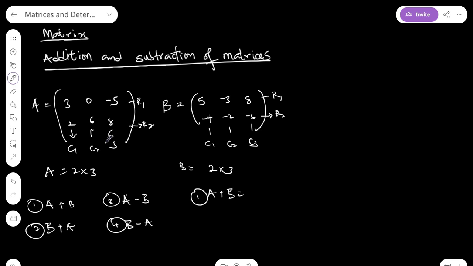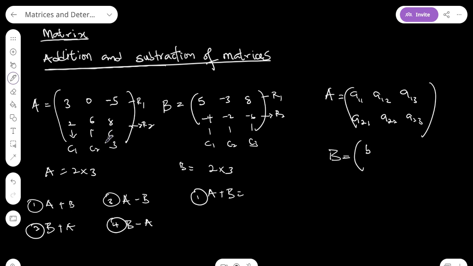Of course, A plus B will equal, now, to add the two matrices, you add the elements. If these are the elements of matrix A: A11, A12, A13, A21, A22, A23, and these are the elements of B: B11, B12, B13, B21, B22, B23.